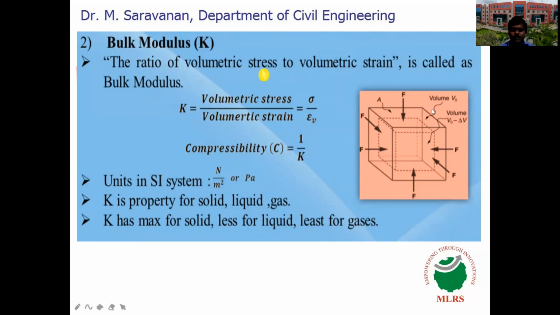When you are considering the whole body, the force is acting on all sides, so the volume of the body gets reduced. So it is the change in volume divided by the original volume. K is a property for solid, liquid, and gas, and K is maximum for the solid, less for the liquid, and very least for gases, right?